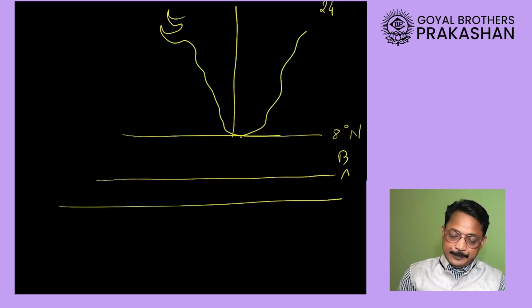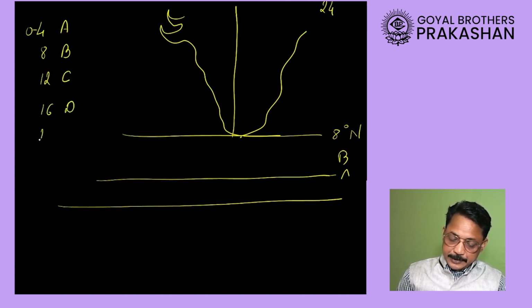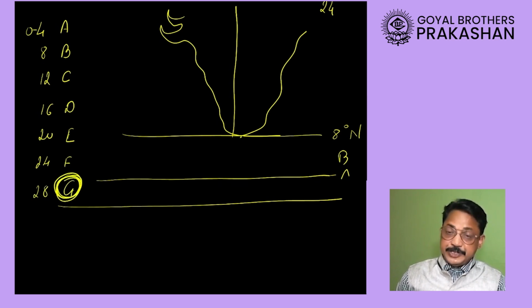You are correct. 0 to 4 will be A, 4 to 8 will be B, 8 to 12 will be C, 12 to 16 will be D, 16 to 20 will be E, 20 to 24 will be F, and 24 to 28 will be G. G, very important.